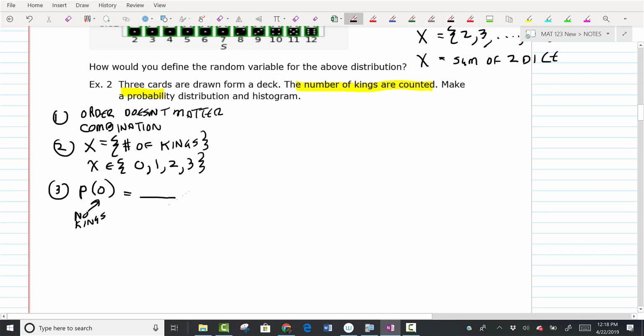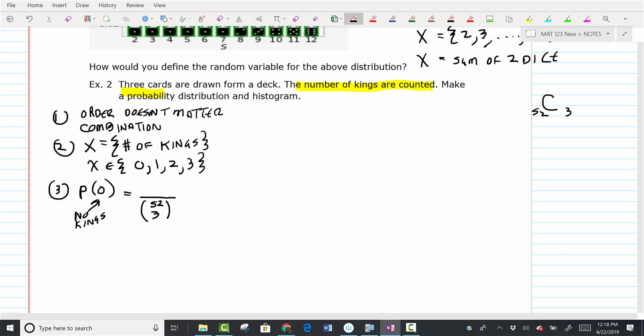For the bottom, how many cards are in a deck? 52, and you are choosing 3 cards. I usually write the combination like that. You can also write the combination like 52-3. I don't care which way you do it. I just usually use the parentheses for a combination.